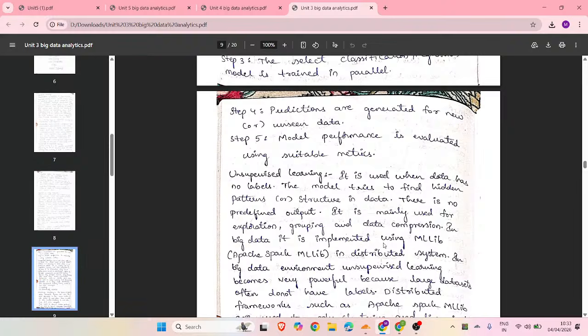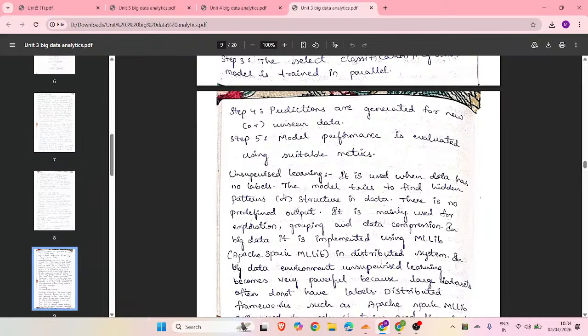So majorly in second mid, you'll be able to see this particular topic called unsupervised learning. I think you are aware of what unsupervised learning is. It is used when data has no labels, which means unlabeled data. For example, roll number one, Ram, marks 20.